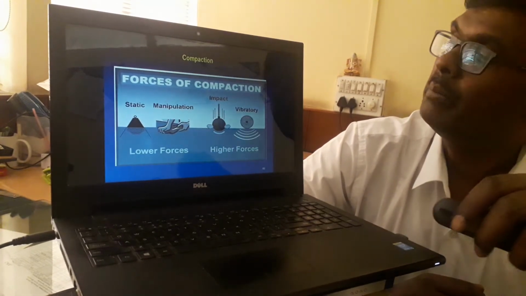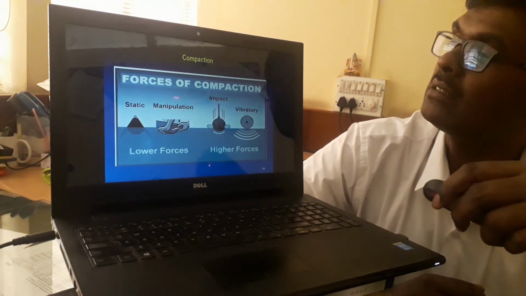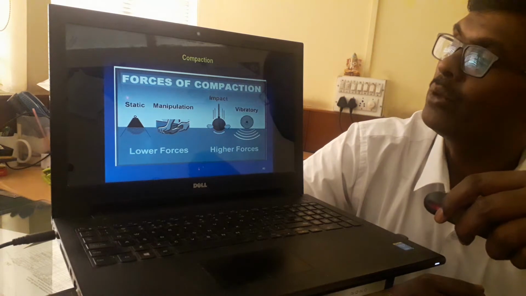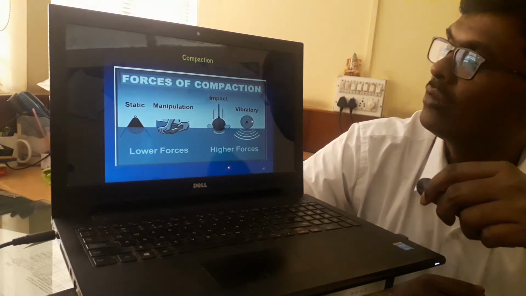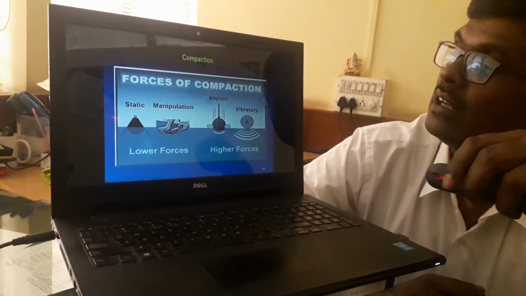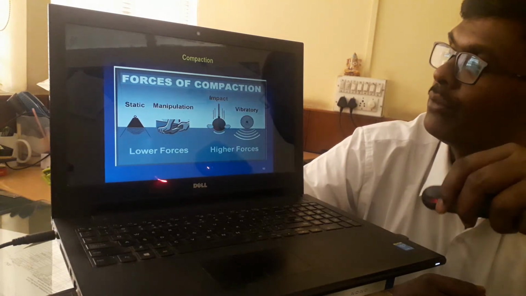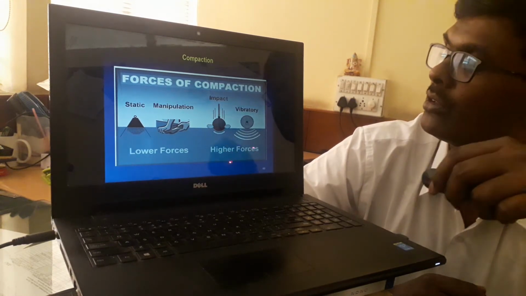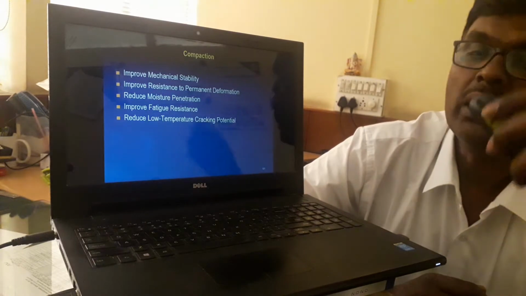Depending upon the type of force that we put on the layer, the compactor forces are classified into static, impact, and vibratory forces. Of these, static forces are the lower forces; vibratory and impact forces are larger, higher forces.